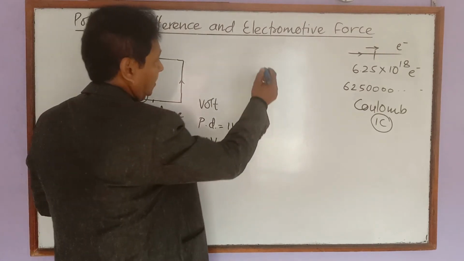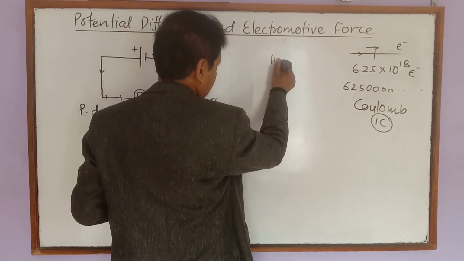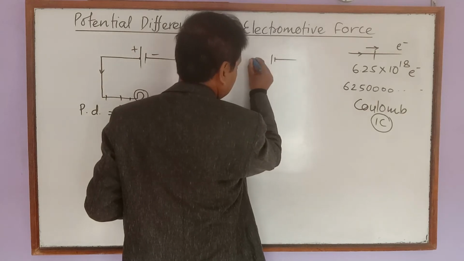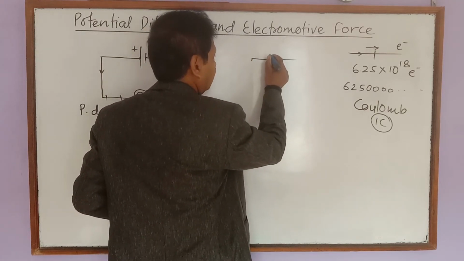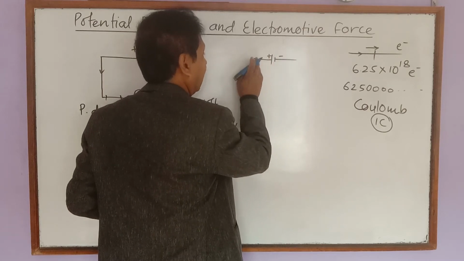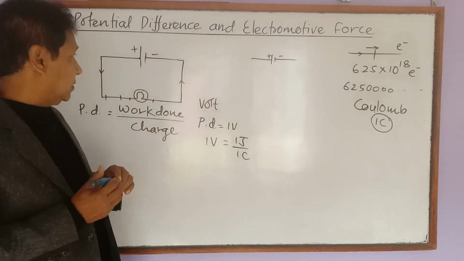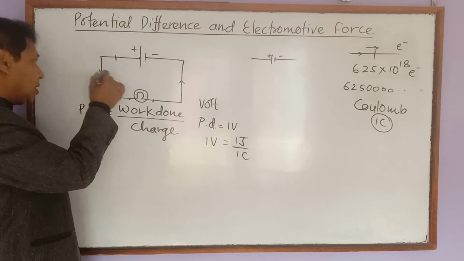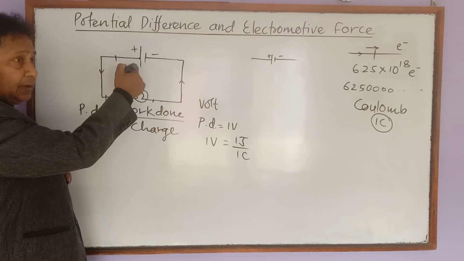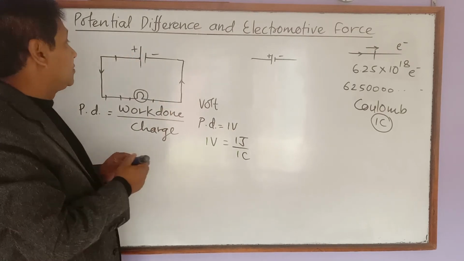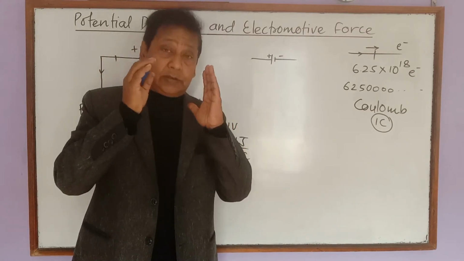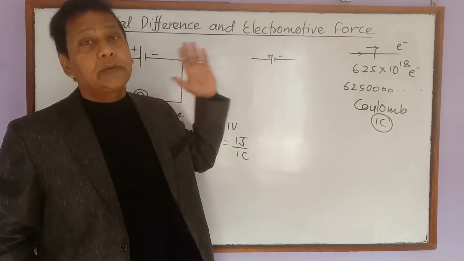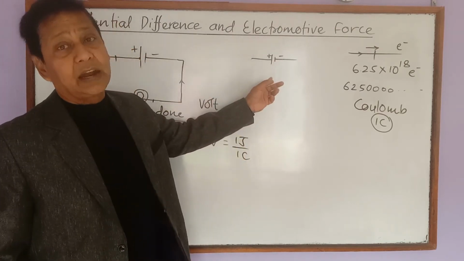It means if this is, let's say, a simple cell, and from positive terminal to positive terminal, again we are not talking about positive to negative, positive to positive, or maybe from this point to again the same point throughout the circuit, when 1 coulomb charge is delivered, how much electrical energy it delivers with that 1 coulomb charge represents EMF of that source.